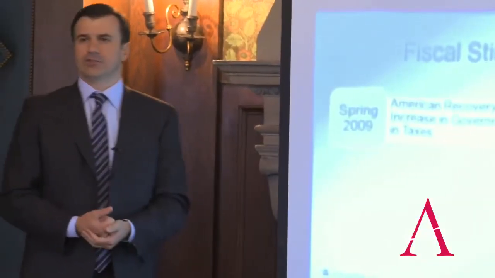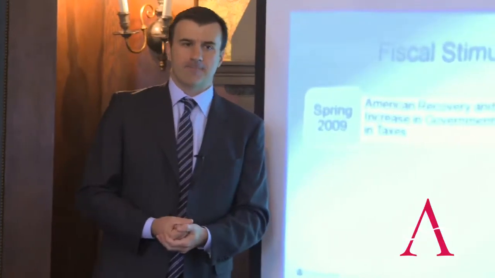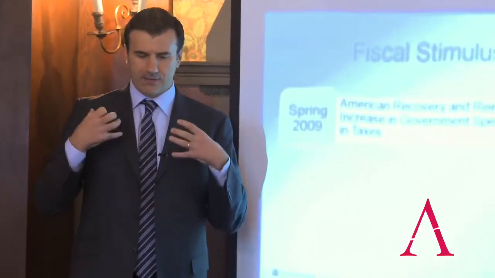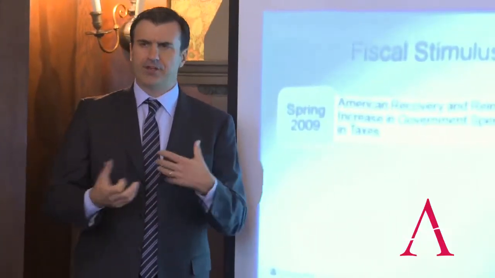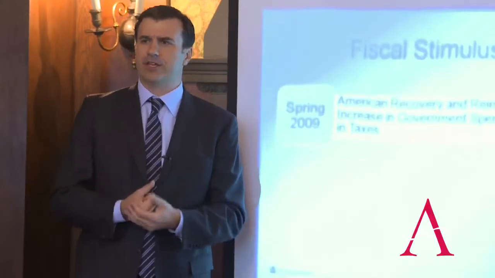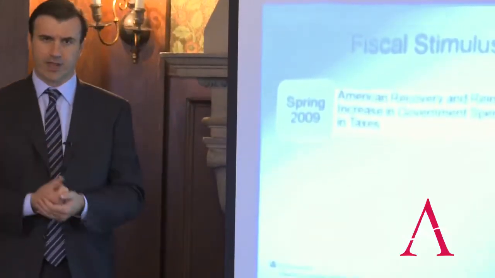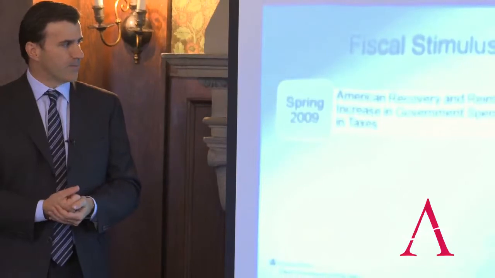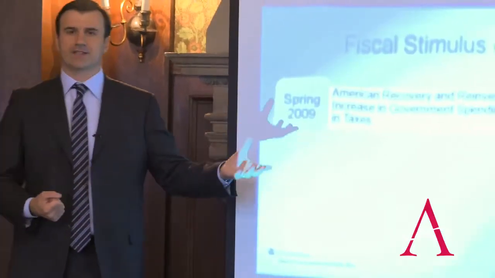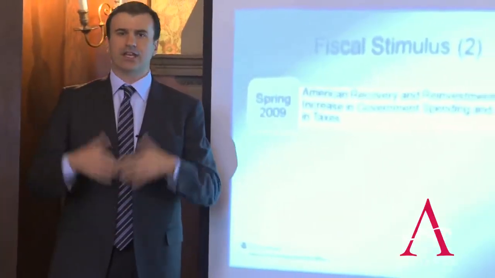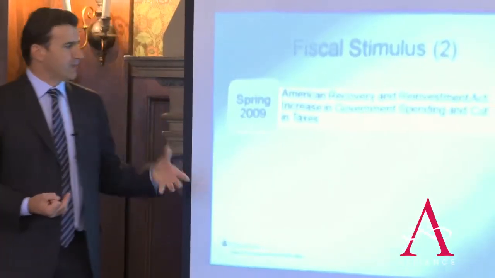In the spring of 2009, the US approved a $900 billion American Recovery and Reinvestment Act that was characterized by a cut in taxes and an increase in government spending.